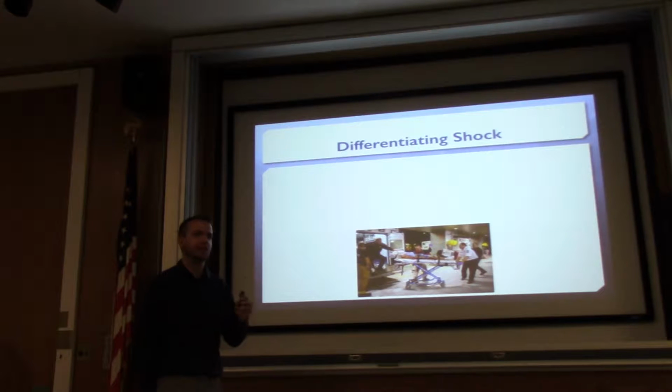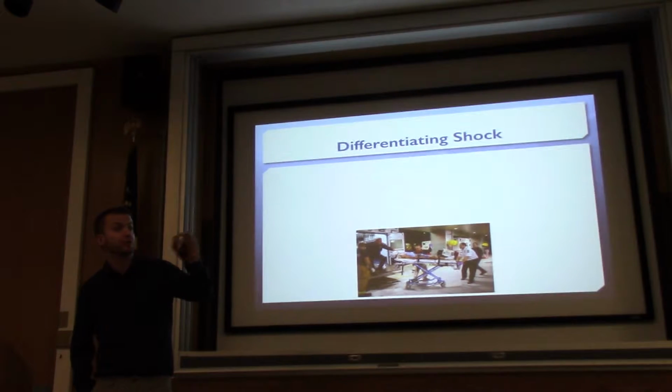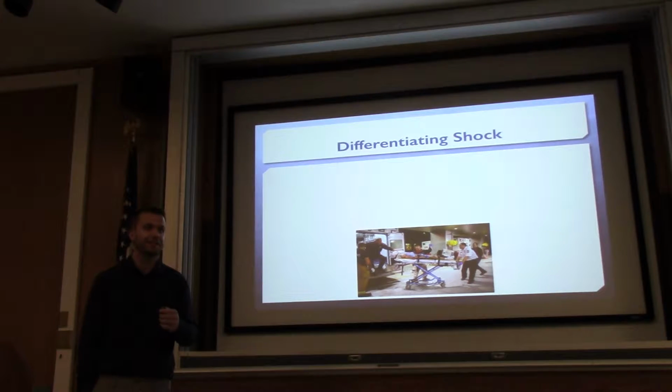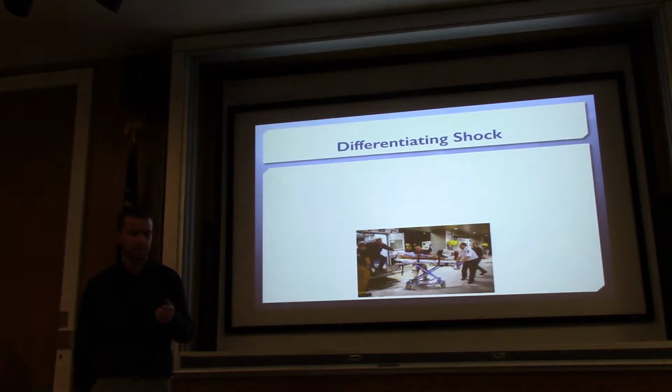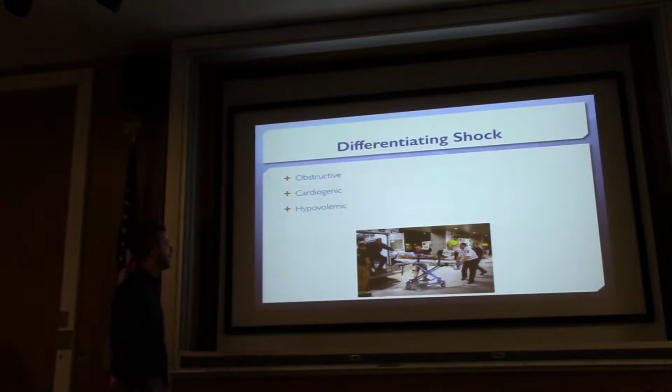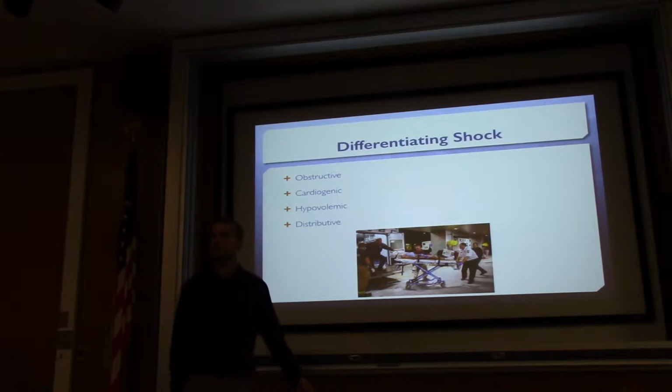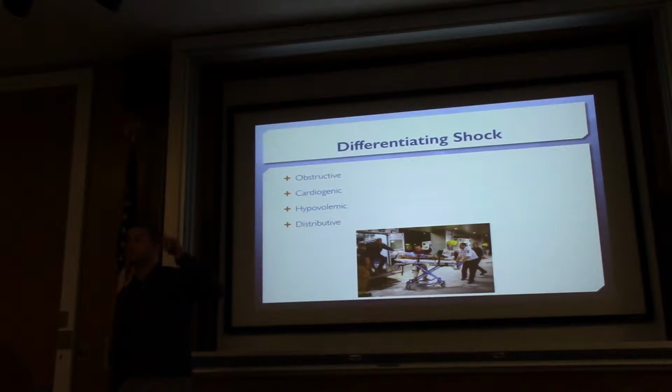So, differentiating shock. Obviously the first years, what are the 4 different types of shock? Distributive. Obstructive. Hemorrhagic fits into a broader category. Hypovolemic. All right. So how do you treat obstructive shock in a broad sense?